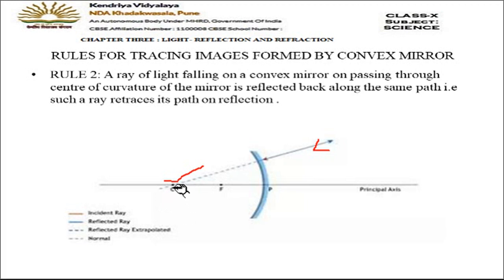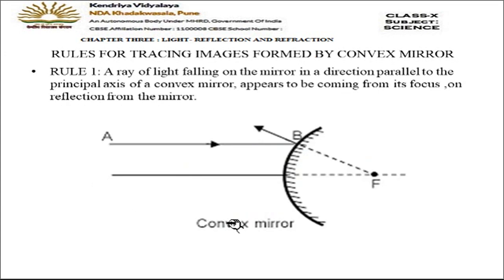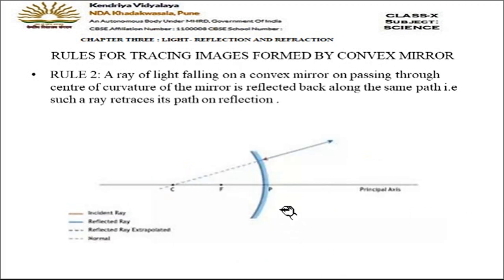So the rule is, if the light appears to be coming from the center of curvature, it is retraced by its own path, means it will go on the same path from where it is coming. So this is rule number 2 in case of convex mirror. Okay, this was rule number 1, and this is rule number 2.